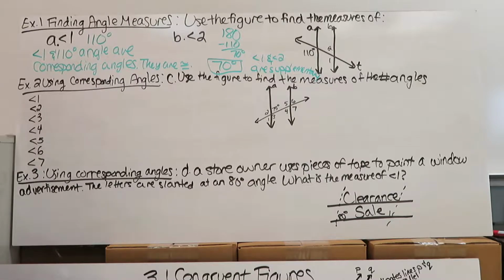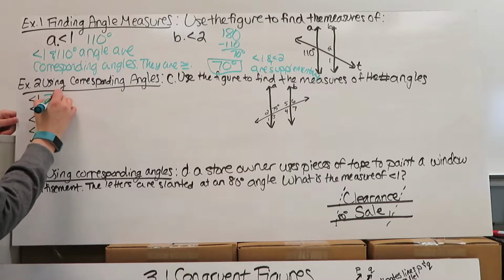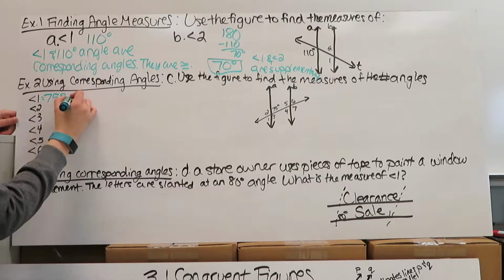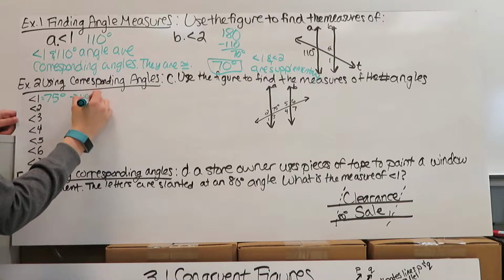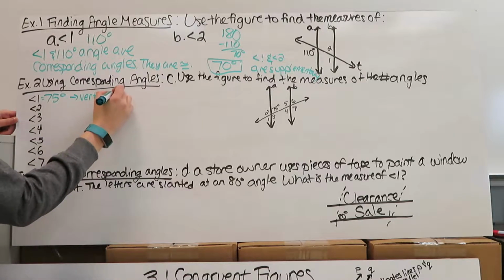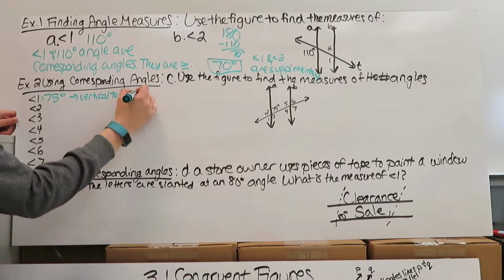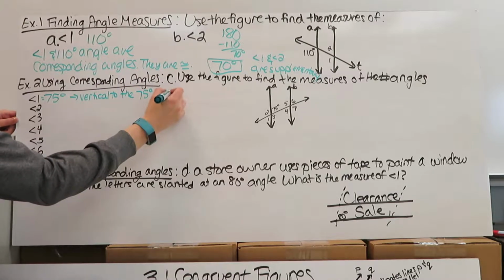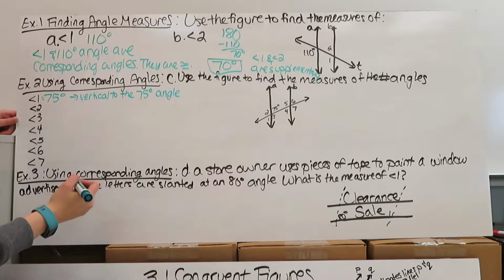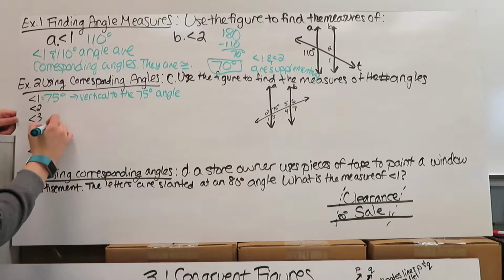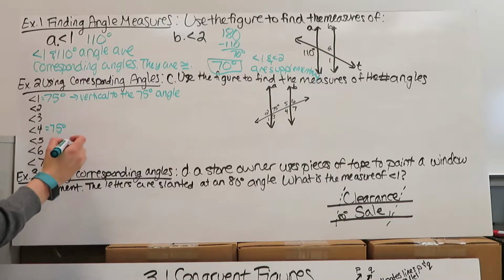All right, we're gonna use the figure to find the measures of the numbered angles. So measure of angle 1 is going to be 75 degrees. This is vertical to the 75 degree angle. I'm gonna skip to angle 4. Angle 4 is 75 degrees.